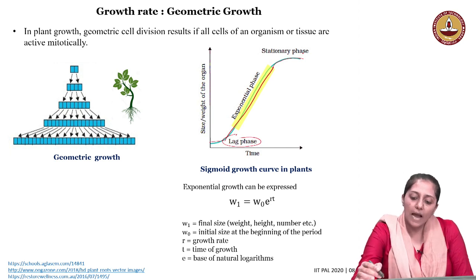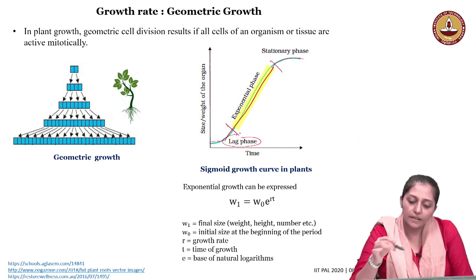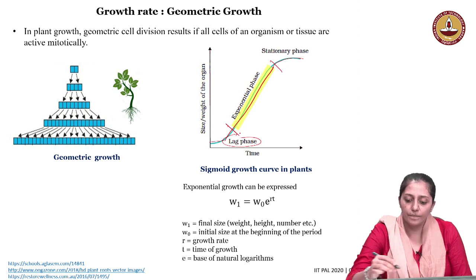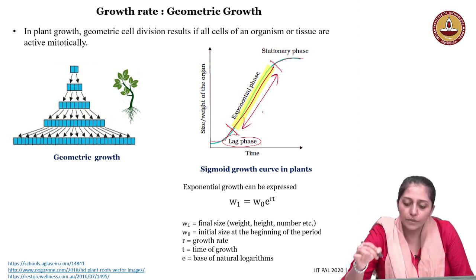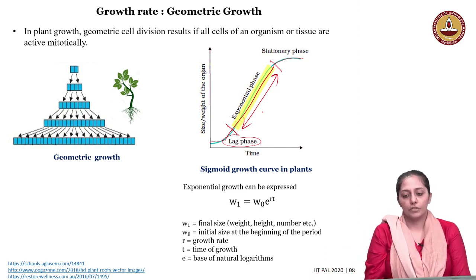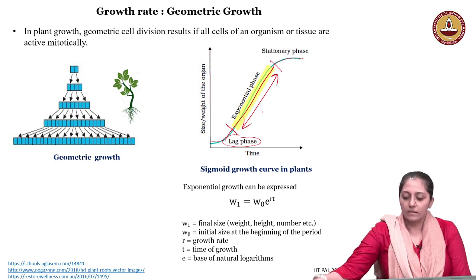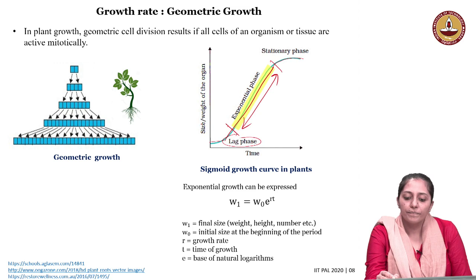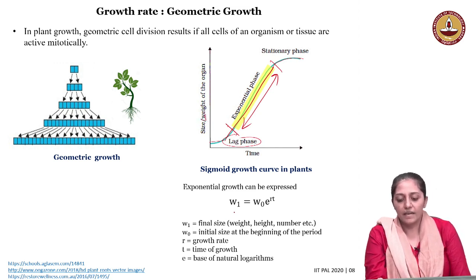Now, in the active growth phase, which is depicted here as the exponential phase, if we have to determine the growth rate of the plant or the organ or tissue, then we can use an exponential equation to find the growth rate. So, in that case, let us assume the y-axis is in terms of weight of the organ, depicted here as W1, and W0 is the initial weight.